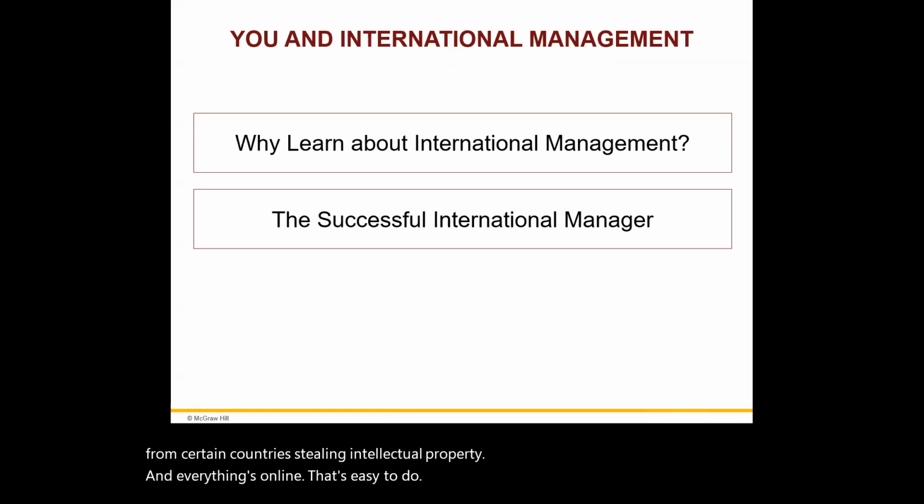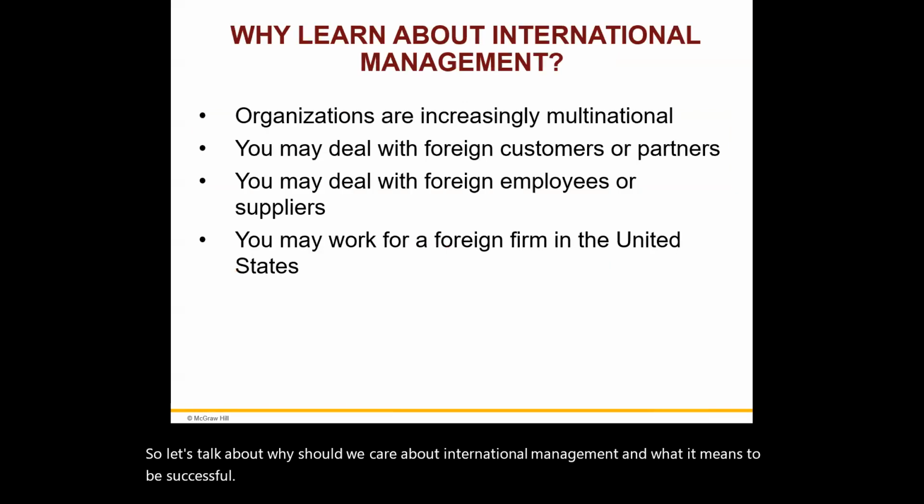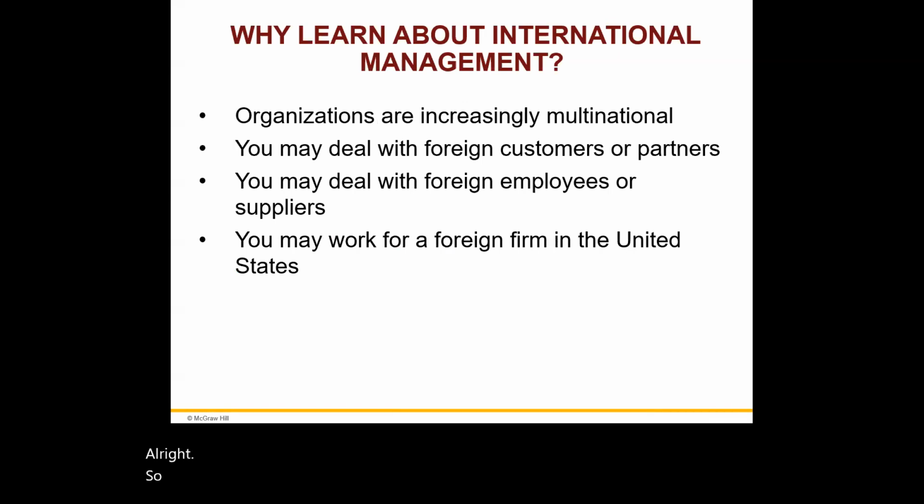All right. Let's talk about why should we care about international management and what it means to be successful. So why should we care? The first thing we just said, societies are becoming more interdependent.